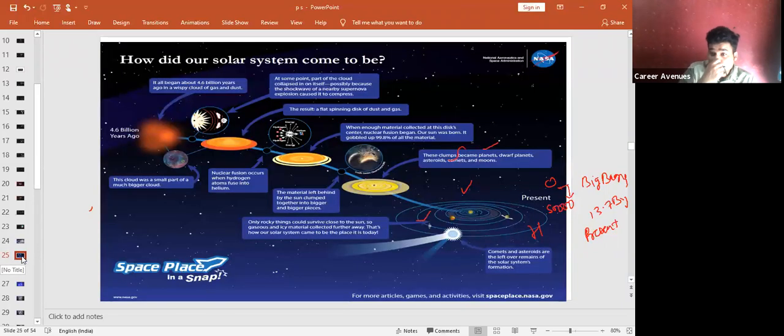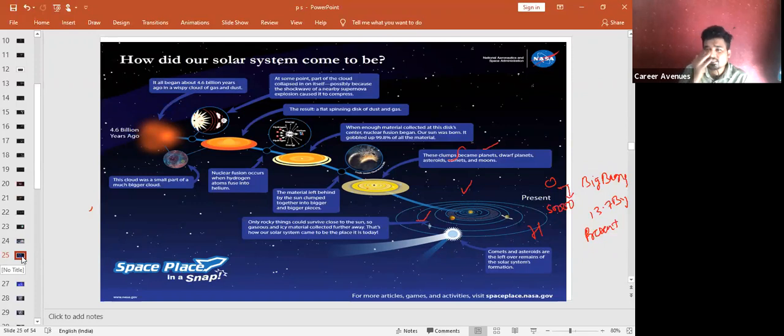Now let's talk about our solar system. Our solar system is 4.6 billion years old. Initially, we have a nebula. This is the nebular hypothesis, and it is the most important hypothesis regarding our solar system. So around 4.6 billion years ago, we had a very big nebula, which was formed due to the death of a star.